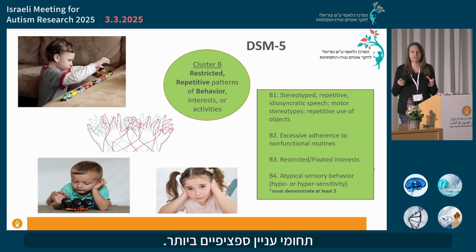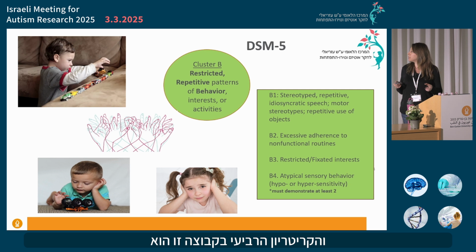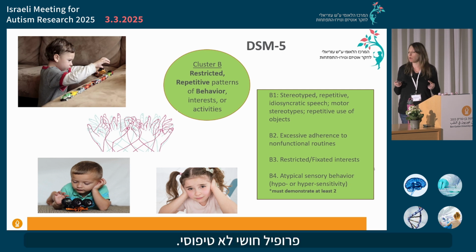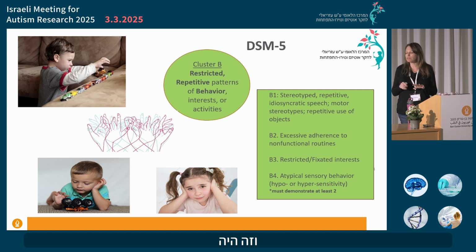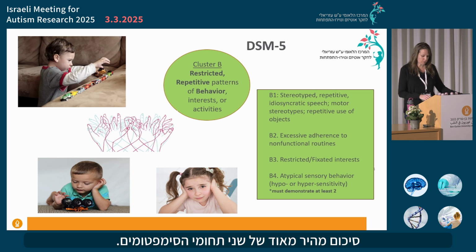Highly specific areas of interests. And the fourth criteria in this group is an atypical sensory profile. So these are basically children who either seek sensory stimuli or try to avoid it. And this was a very quick rundown of the 2 symptom domains.